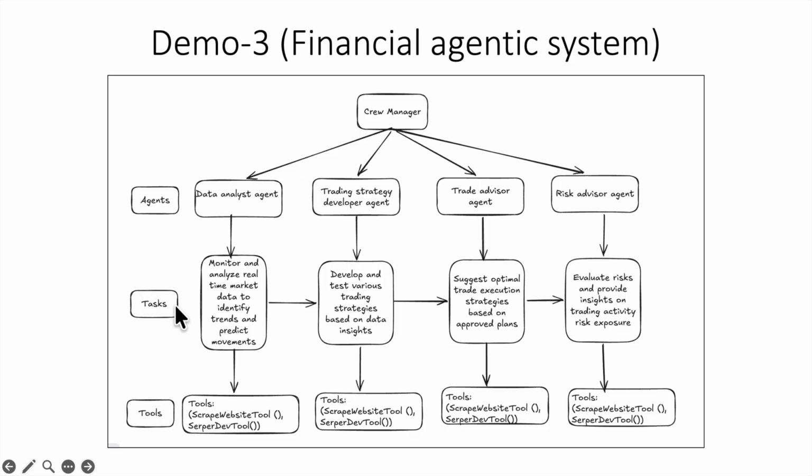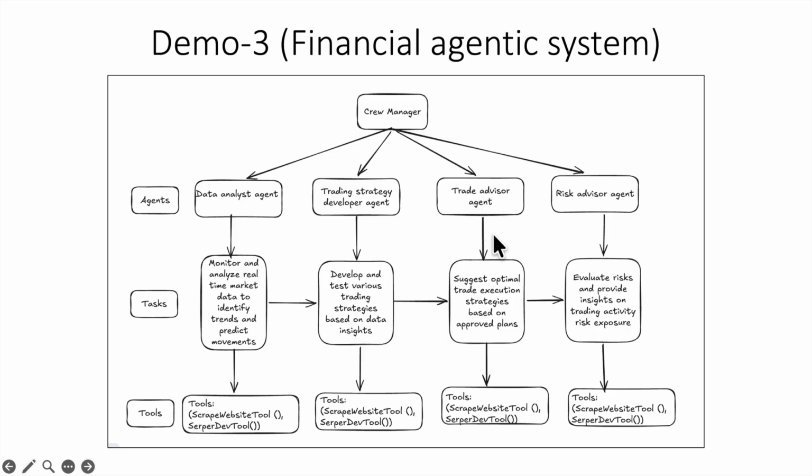The tasks that we have individually assigned are: monitor and analyze real-time market data to identify trends and predict movements. Then we have the trading strategy developer, who will develop and test various trading strategies based on data insights.